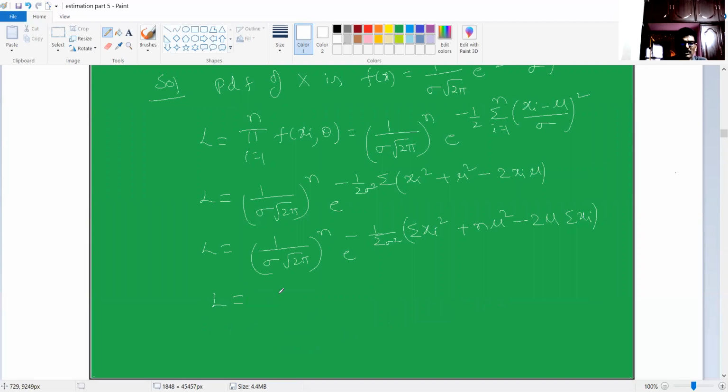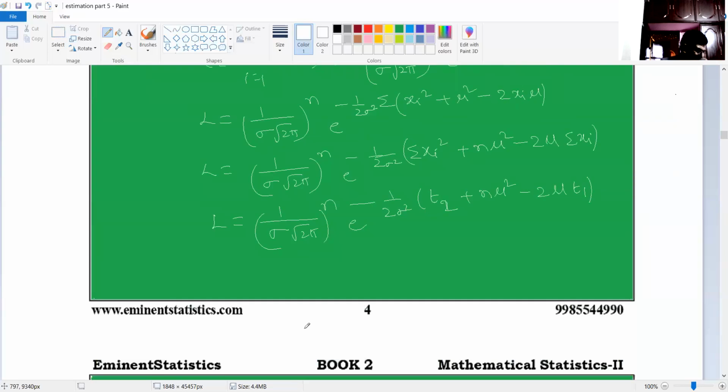Now L is equal to (1 by sigma root 2 pi)^n e^(-1/(2 sigma square) (T2 + n mu square - 2 mu T1)). T1 and T2 are statistics, where T1 is equal to summation xi and T2 is equal to summation xi square.